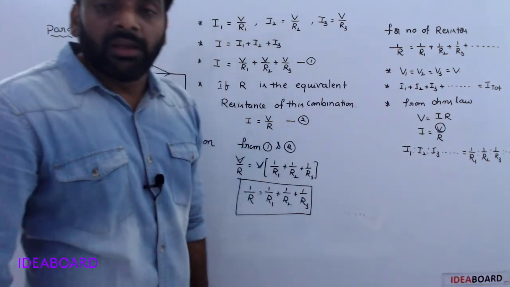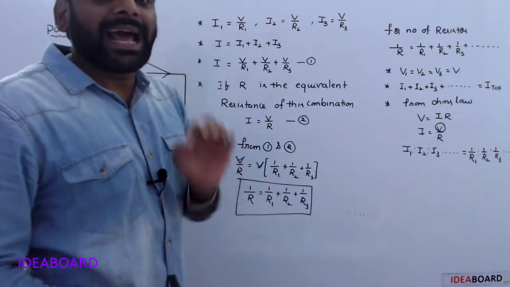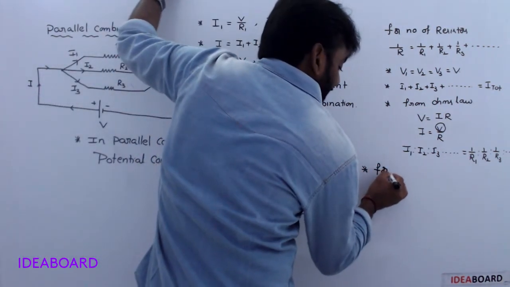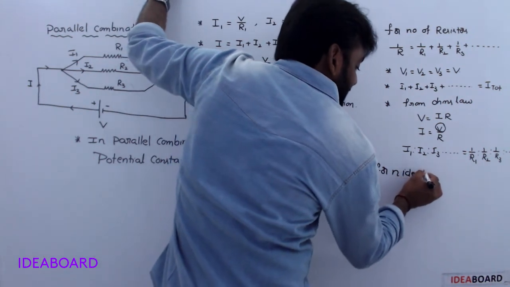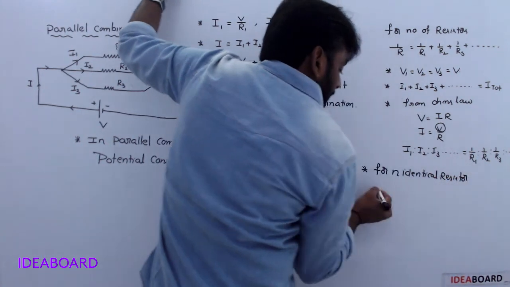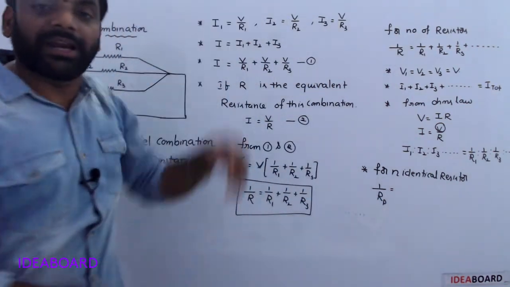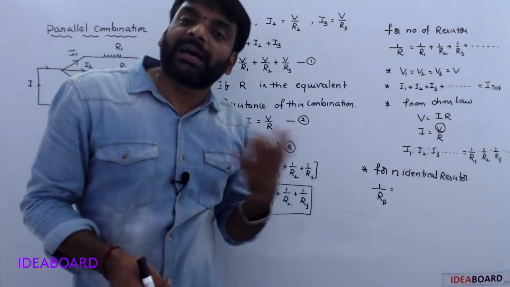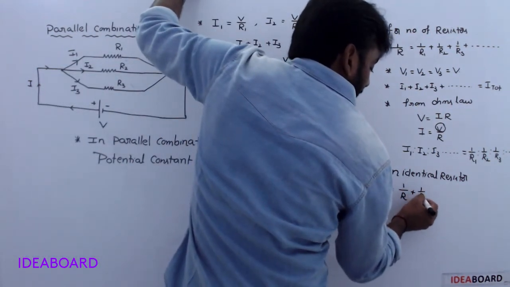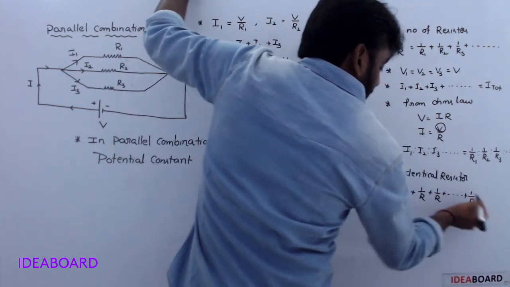Understood? Okay. For example, consider n identical resistors. For n identical resistors, 1 by Rp is equal to 1 by R plus 1 by R plus 1 by R up to n terms, where Rp represents resistance in parallel combination.